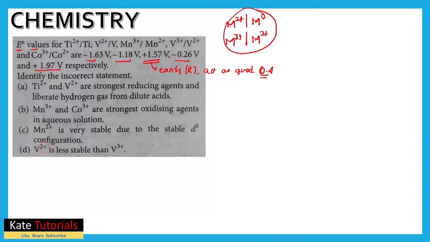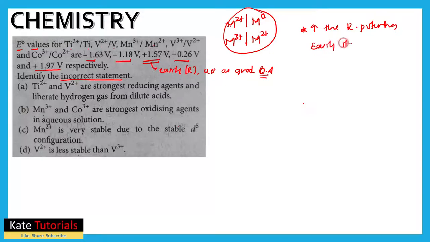So identify the incorrect statement. It means A, B, C, D. Within this, three will be correct statements and only one will be the incorrect statement that we have to identify. Right. So here I told you Mn3+ to Mn2+ is plus 1.57. Since it is positive, we know that the greater the reduction potential, the more easily it will undergo reduction.